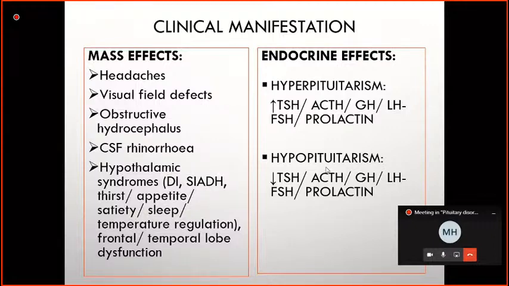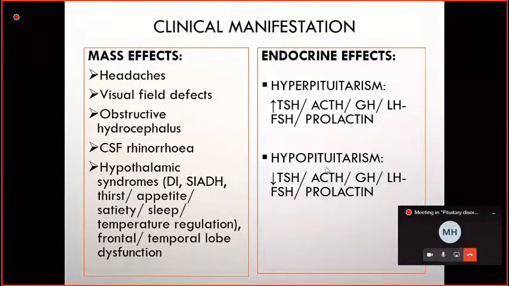The chiasm is at the junction where it crosses. For this purpose, it's just enough for you to understand that when there's compression of the optic chiasm, there is a loss of half of the temporal visual field.